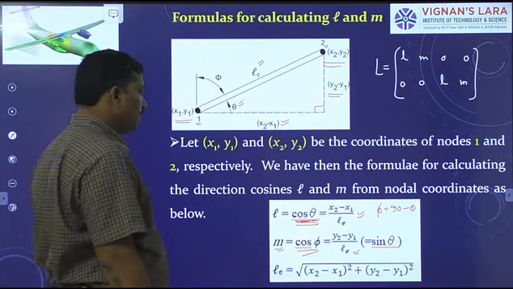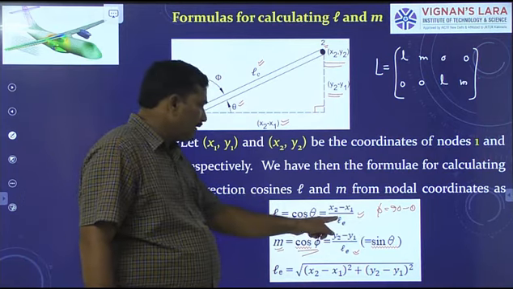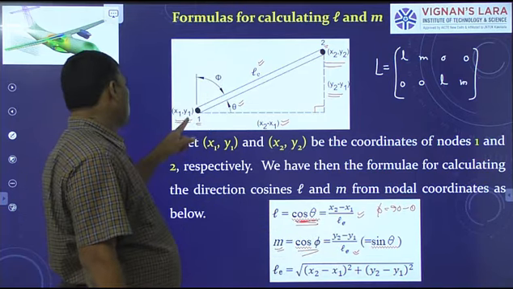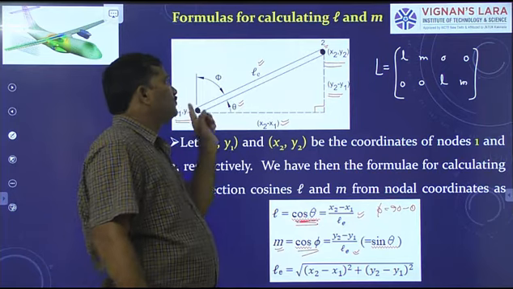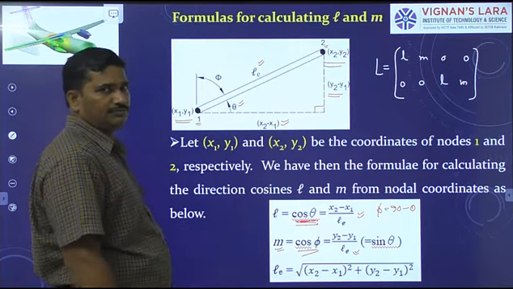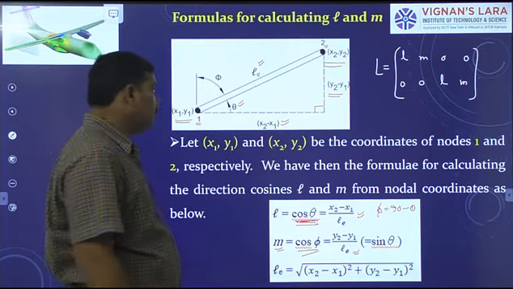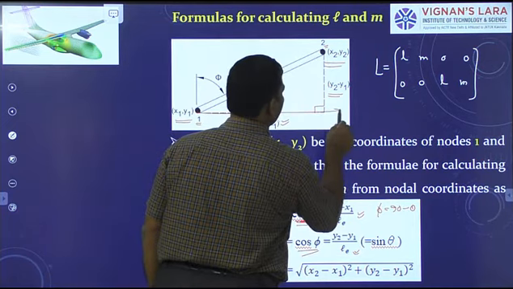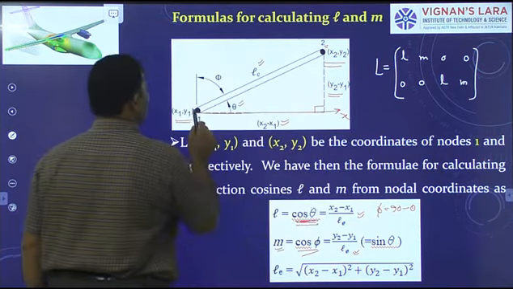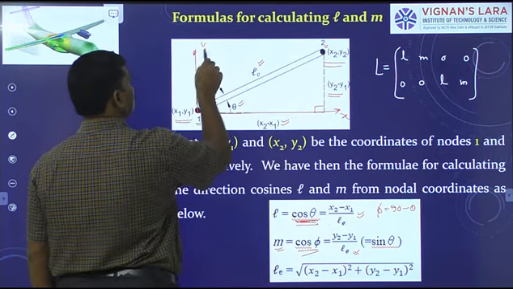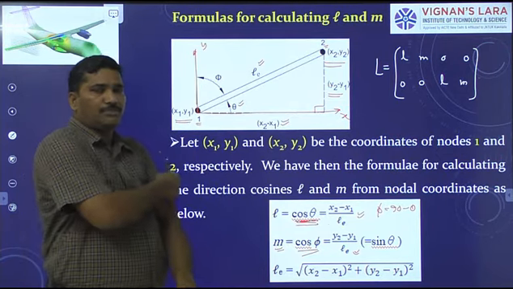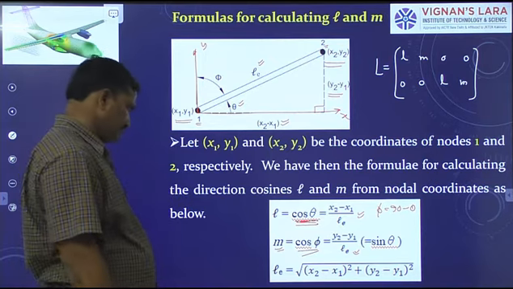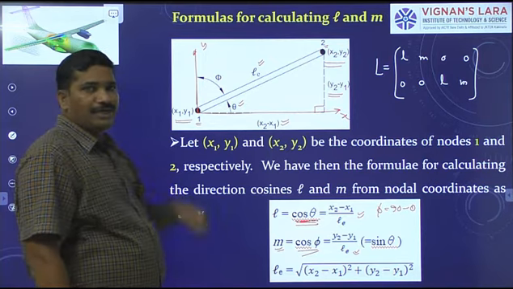Understand? Now here, LE is unknown, but we have the coordinate positions of both nodes 1 and 2 with respect to the global reference frame. But the length of the element we want.